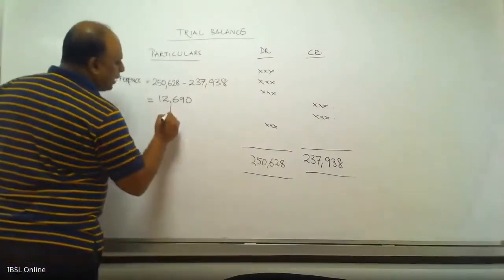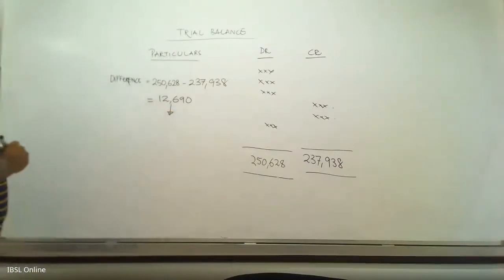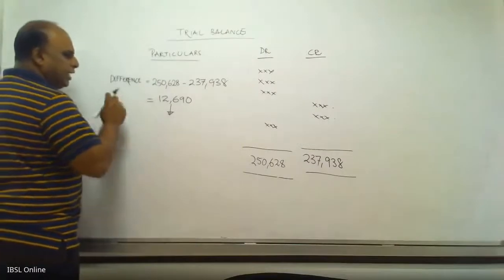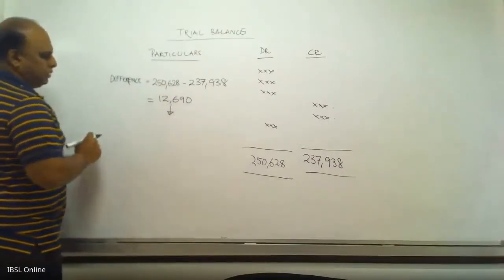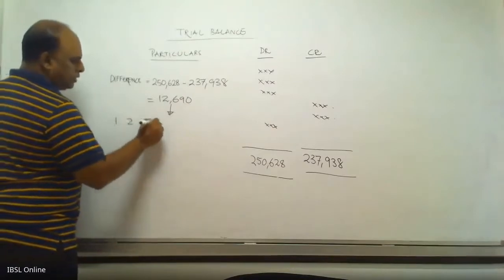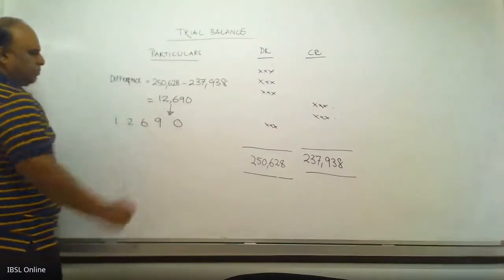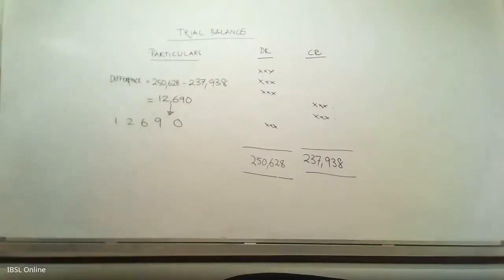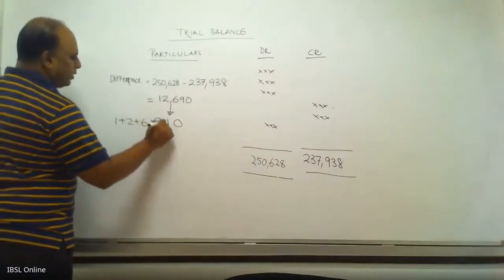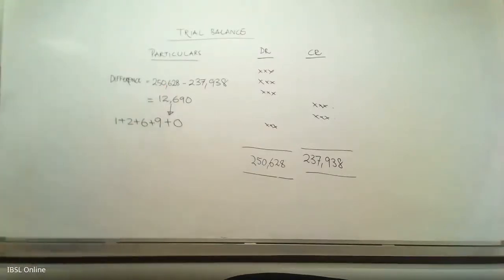Now, what do we do with this? We do a further analysis. What is the analysis? We split this 12,690 into individual numbers, that is 1, 2, 6, 9, 0, and we add each number with the other.